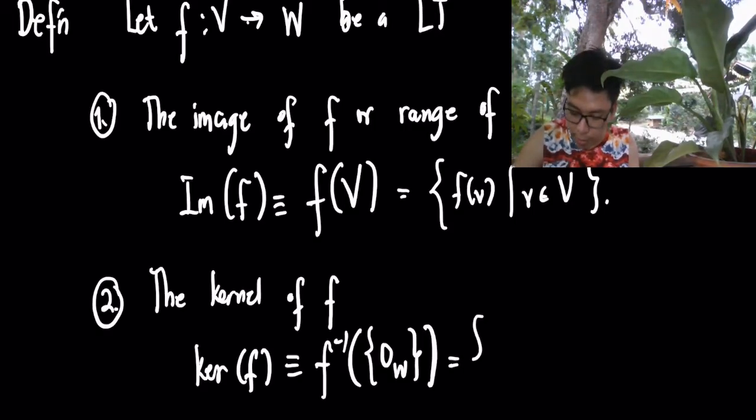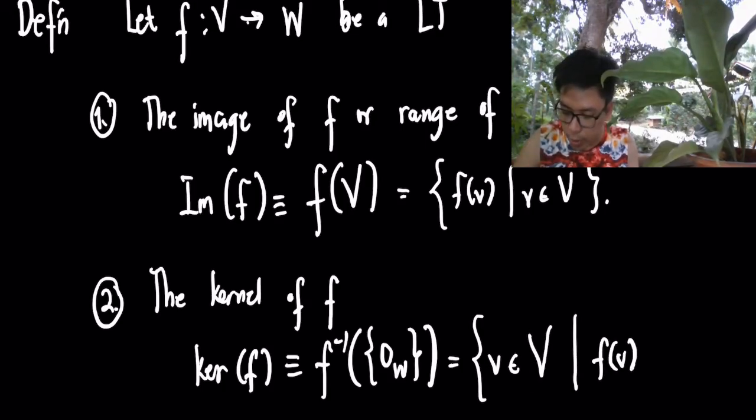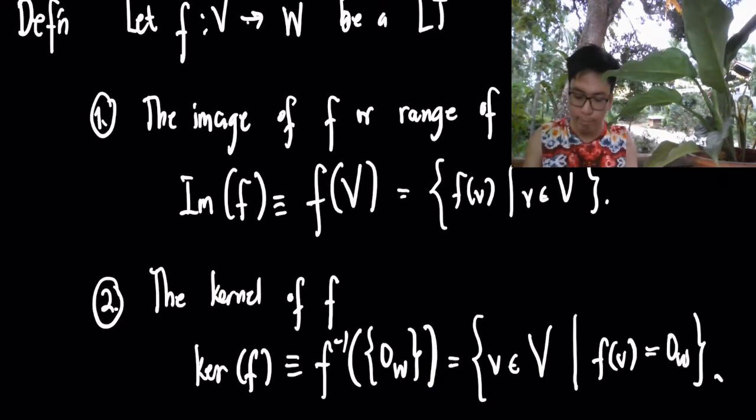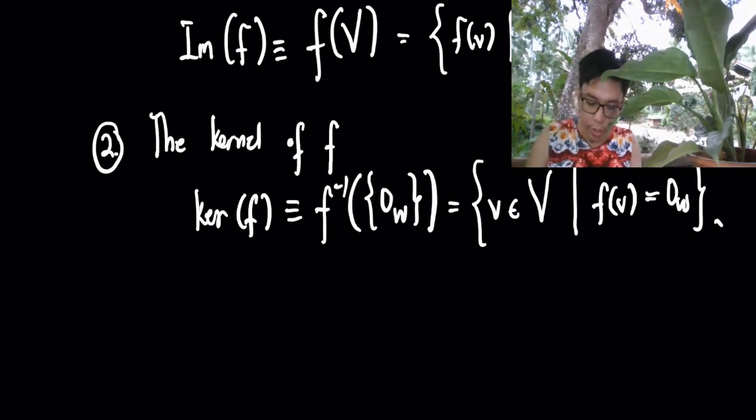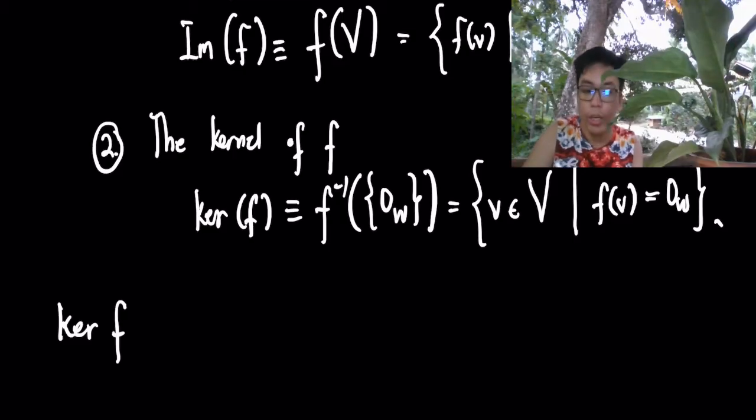So this is simply the set of v in the domain such that F of v is mapped to the identity element of the codomain. Let's start first with the kernel. How do we know that the kernel of F is a subspace of V?